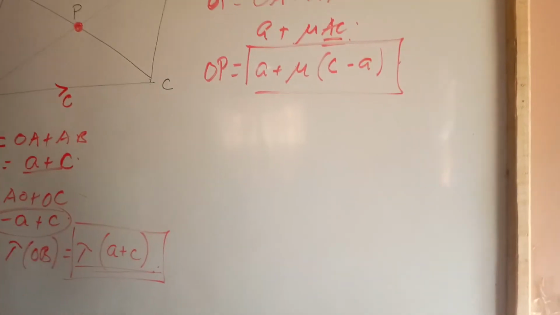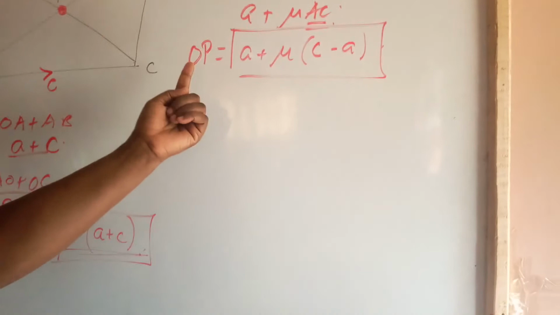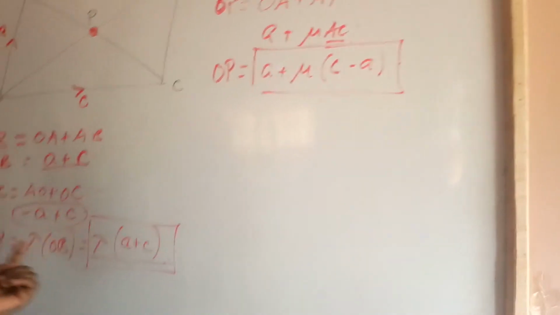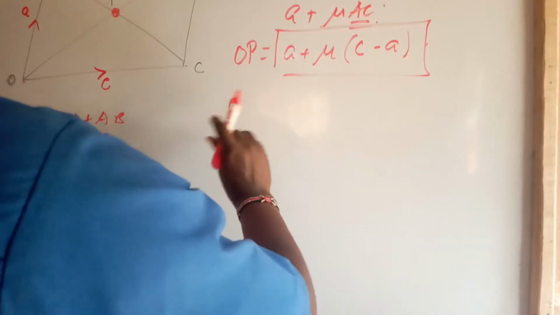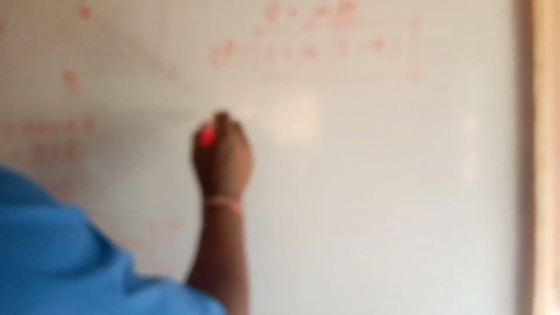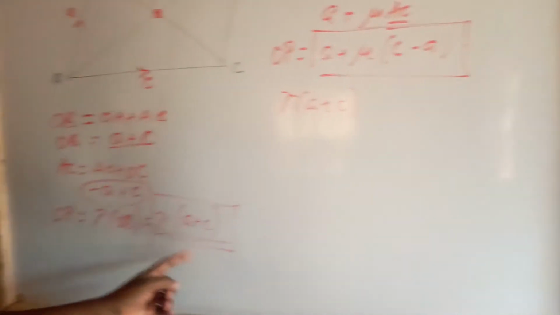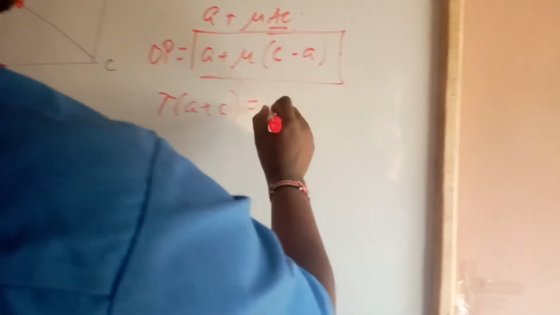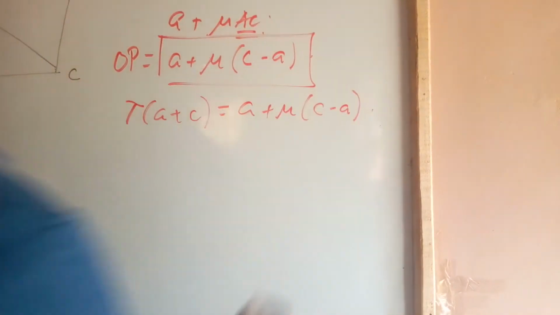Because we are talking about the same OP, this one is equal to this one. So lambda (a plus c) equals a plus mu (c minus a).